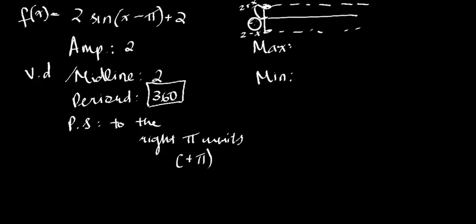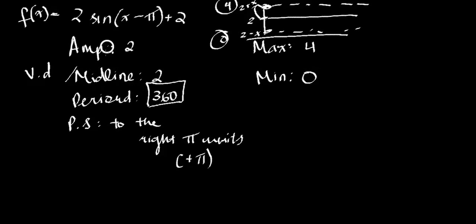What is that something? It's the amplitude. The amplitude is the distance between your midline and your max or your min. So 2 plus 2 gives you your maximum of 4. 2 minus 2 gives you your minimum of 0.